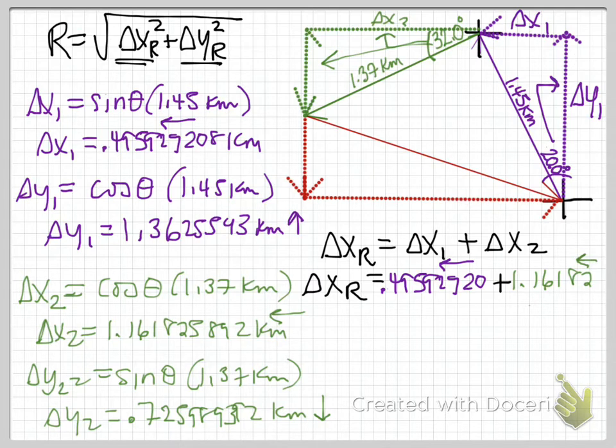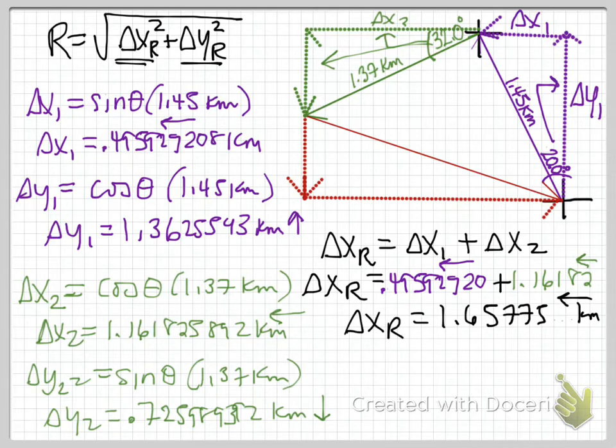The little arrows tell me that these are in the same direction, so I know that they're not in opposition to one another, and I'm just going to add them. So my delta x resultant is equal to 1.65775, etc. That's kilometers, and this whole value is still westward.